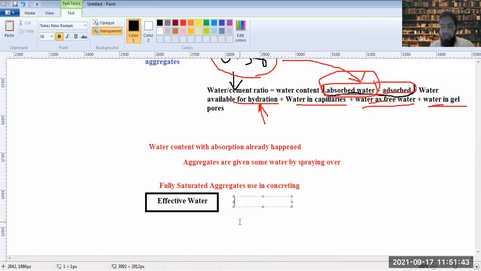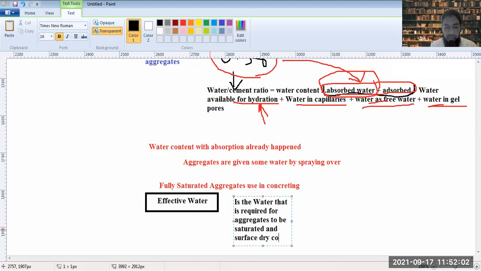Effective water is the water that is required for aggregates to be saturated and surface dry condition.